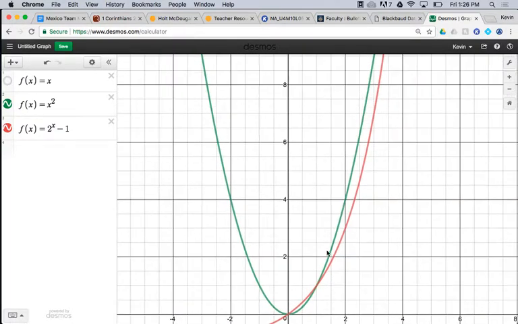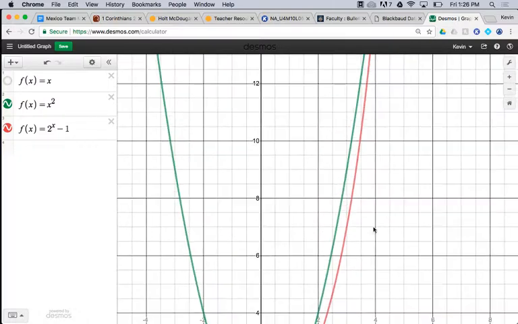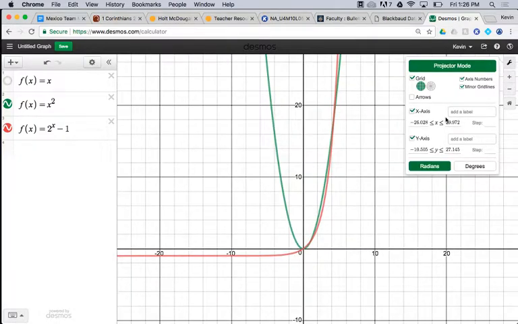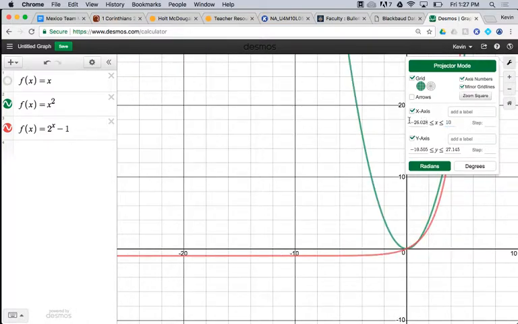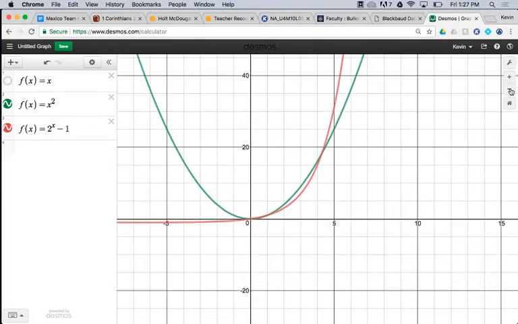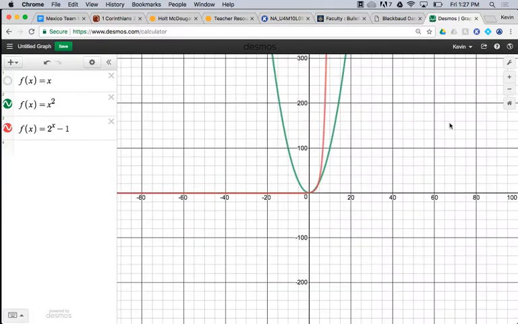Again, our quadratic function is initially growing faster than our exponential function, but as time goes on, and if I make my x-axis a little bit smaller, we can see that our exponential function outpaces the quadratic function.